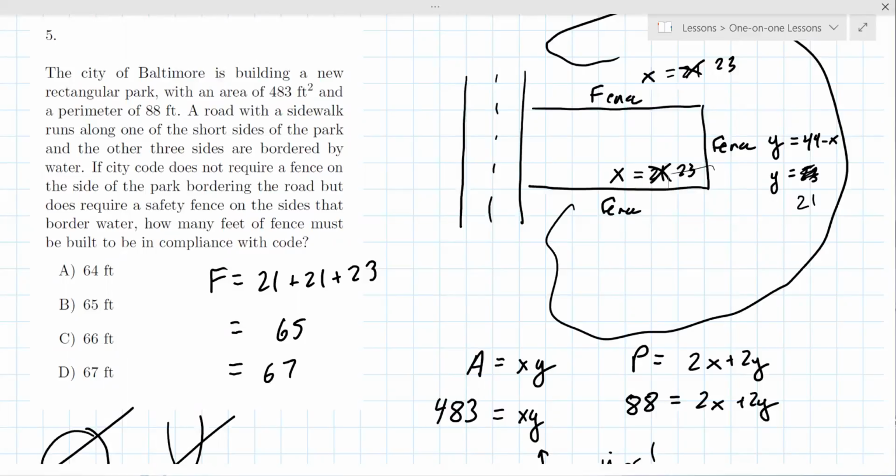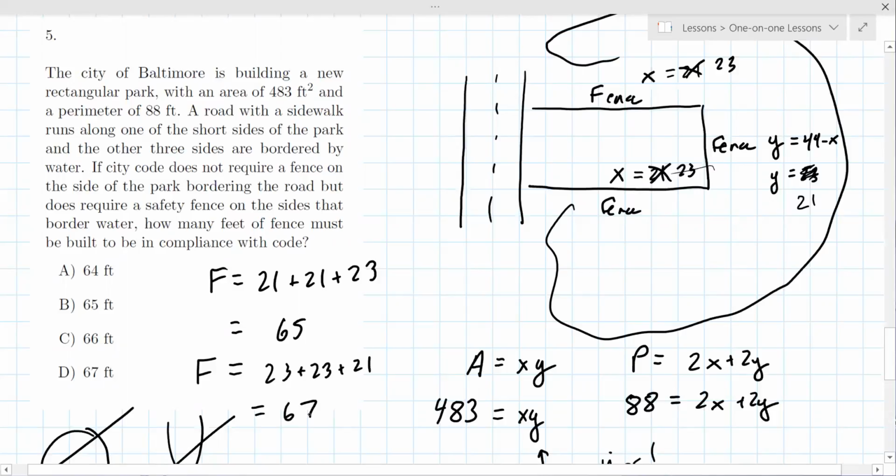Right. Now let me jump in here because this is very important, because you have a choice. You have to decide: is the perimeter 23 plus 23 plus 21, because you get 67, and they're both there. Okay, that seems bad, right? Which is supposed to be the short side?